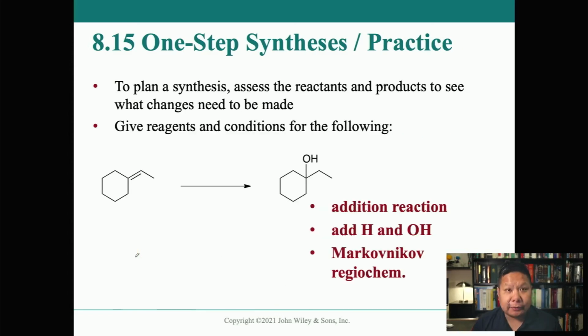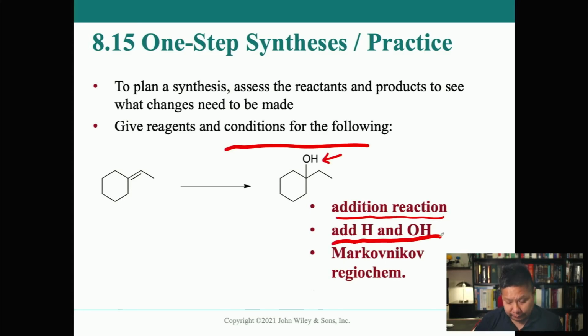So for example, for this particular reaction, give the reagents and conditions for the following. We can see here that we're getting an OH, so we already know that's an addition reaction, okay? Which means we have to add an H and an O. And we need to make sure it's Markovnikov regiochemistry.